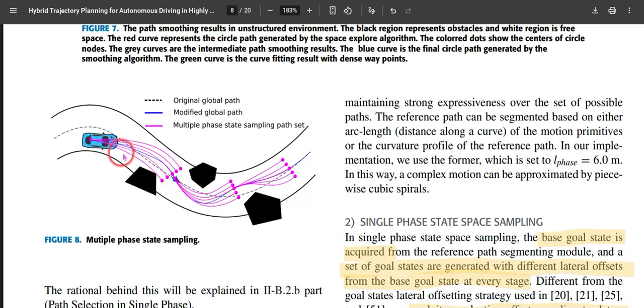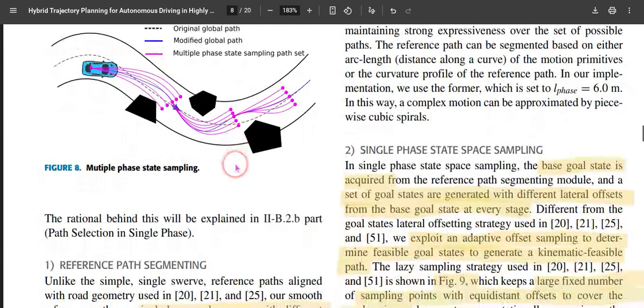Once they connect them with a certain objective, like minimizing the curvature, the path length, or the time, all those constraints are added. Then from that, the one having a minimal cost based on the obstacles and other constraints is found. Among these generated trajectories, the best trajectory, in relation to the obstacles and the distance from the reference path, is selected.